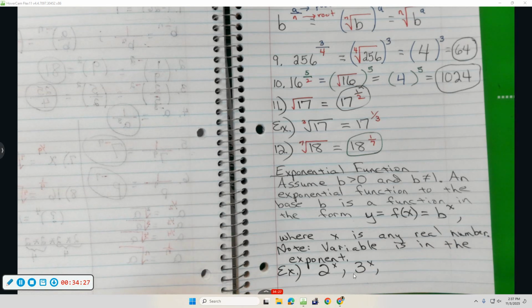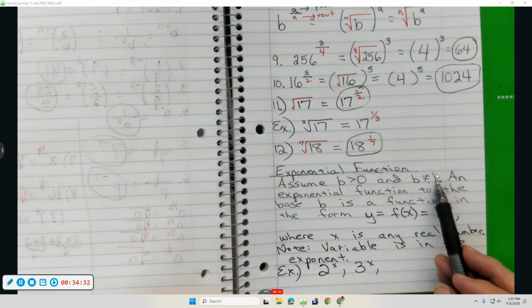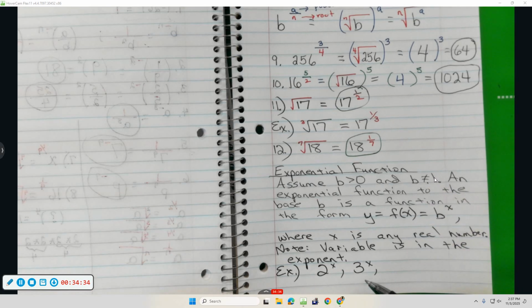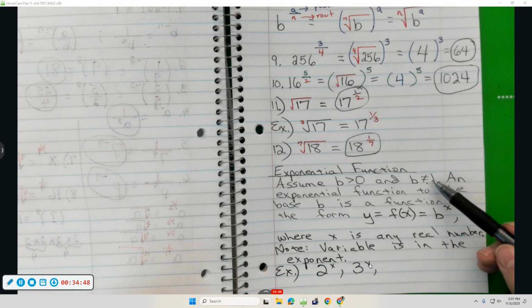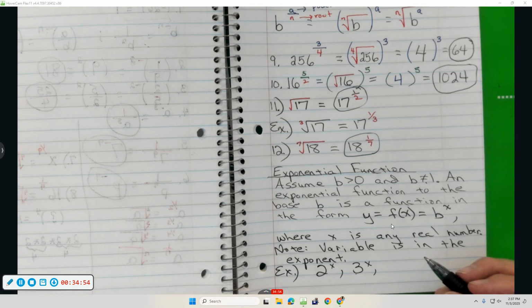As long as it's any positive number, why do we discard 1? Why do we say b can't be 1? 1 to the x power, 1 to anything, doesn't matter what exponent you put on 1, you're still going to get 1. That's why they discard that possibility. Because if b were 1, it would equal 1. 1 to any power is 1.